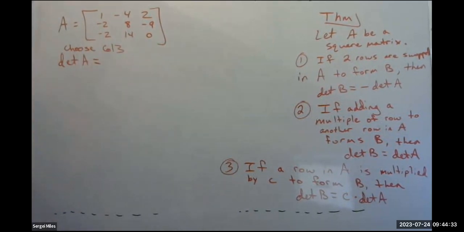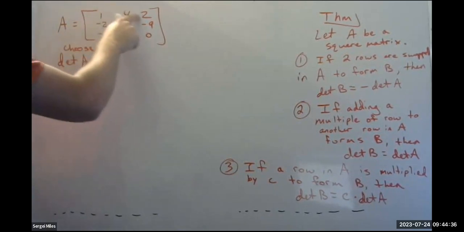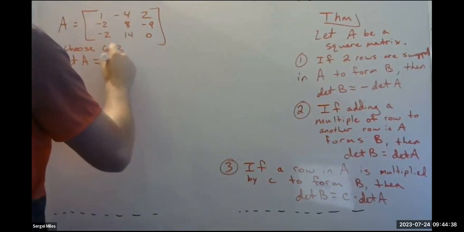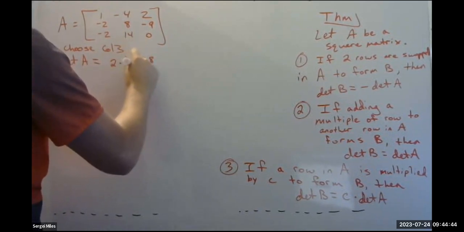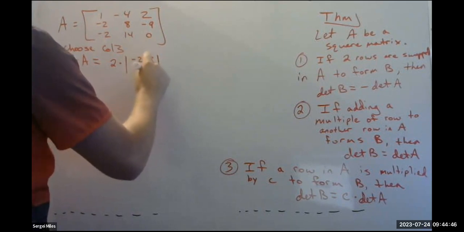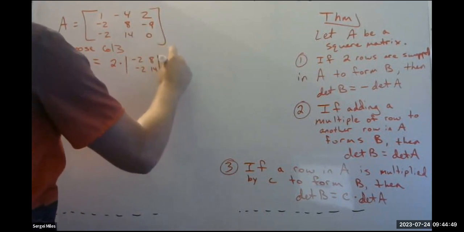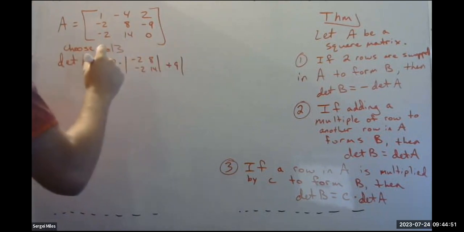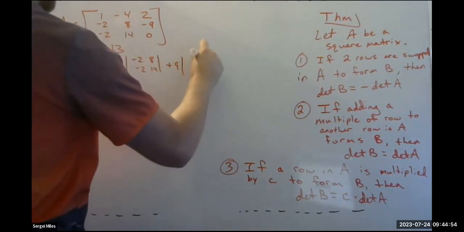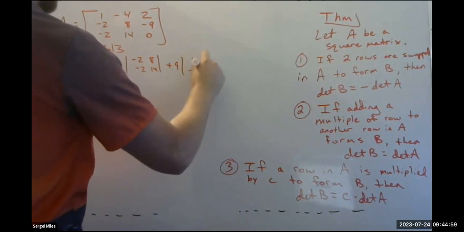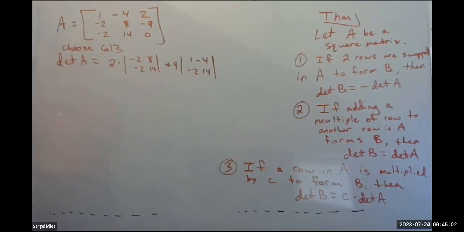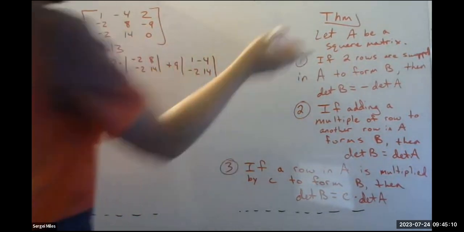So if I pick column 3, remember the checkerboard pattern, plus minus plus, this is a positive 2 times the determinant of its submatrix, minus -9, so I have a plus 9, times the determinant of its submatrix, 1, -4, -2, 14. Let me just make sure I didn't make any mistakes. Yeah, okay, we're good. And there's no plus, or we could add plus 0 times. We don't need to. This is it.